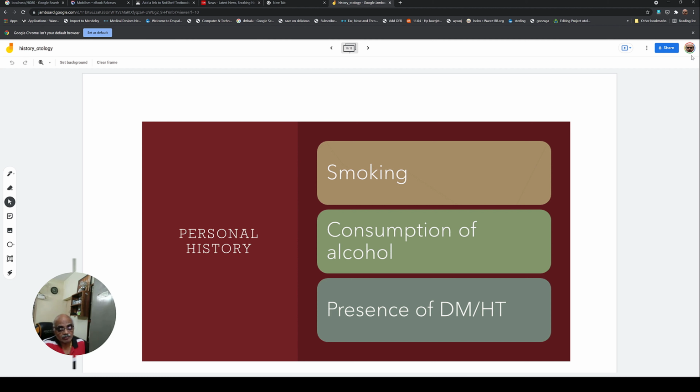The presence of diabetes mellitus and hypertension, along with the drug history, will be helpful, because diabetes mellitus is known to cause sensorineural hearing loss and early onset of presbycusis. So the presence of diabetes mellitus, hypertension, drug history, and then their work habits should be sought: where exactly they work, whether they work in a noisy environment. Those aspects will have to be questioned.